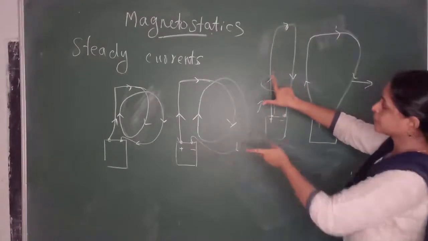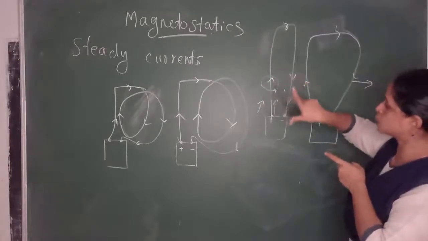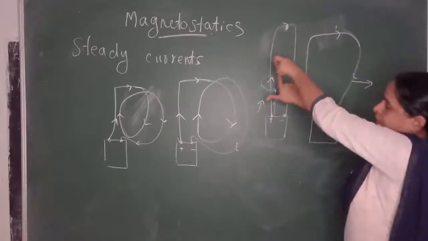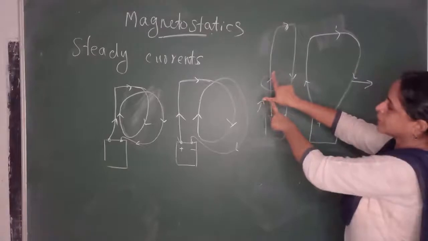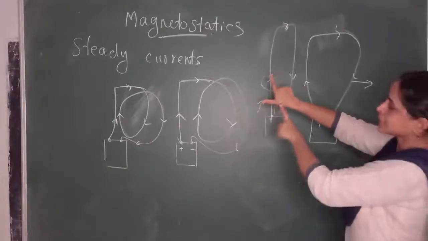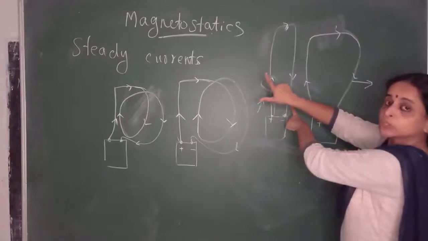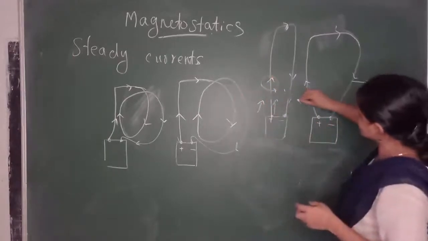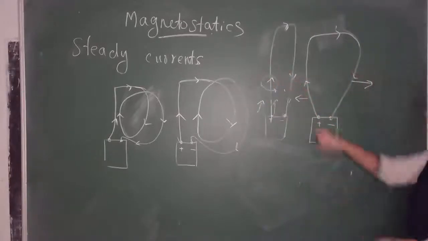The motion of the current in this first wire is in this direction, so the thumb will indicate the direction of force. That is, the force acting on the first wire due to the field produced by the second wire is in this direction. So the two wires will move apart in this case.